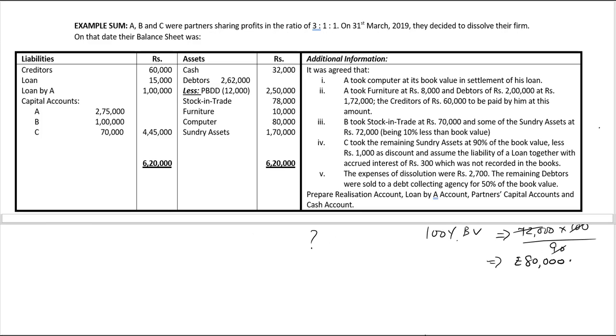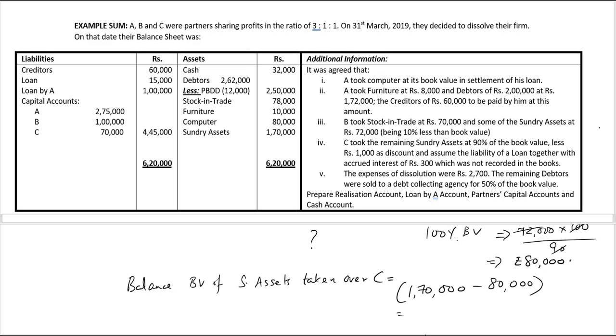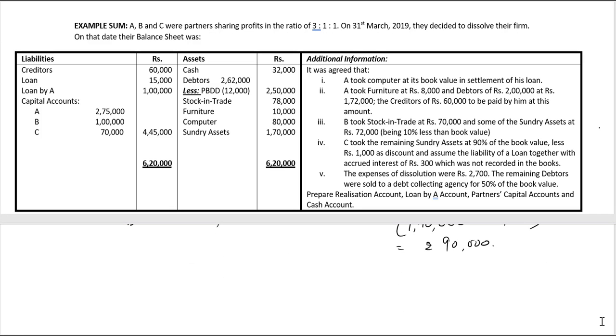So balance book value of sundry assets taken over by partner C is equal to the total book value of sundry assets as per the balance sheet, 1,70,000 rupees, minus 80,000 book value of assets taken over by partner B, which is equal to rupees 90,000, and this is taken over at 90% of book value.